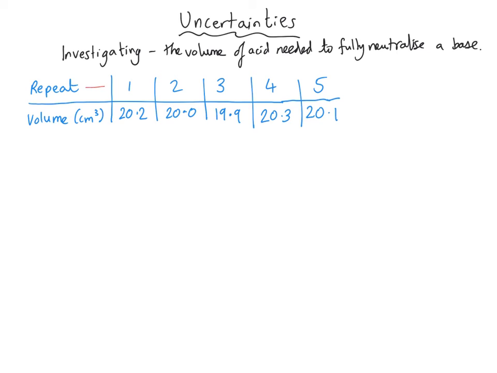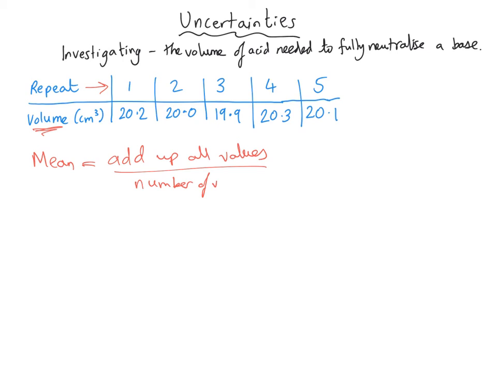So obviously it's been repeated 5 times. It's good practice to do at least 3. We've got 5 here, and then the volume was calculated in each of these cases. And so what you would do first of all is you'd calculate a mean for these 5 different repeat values. Now, to calculate a mean, you add up all the values and then you divide it by the number of values that you're trying to take a mean of.